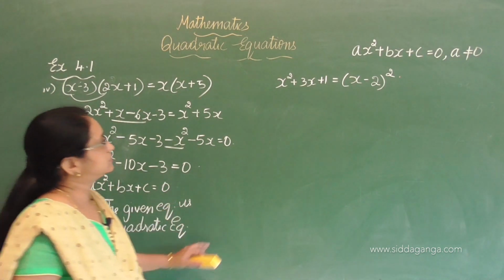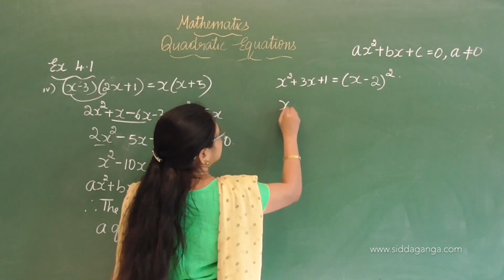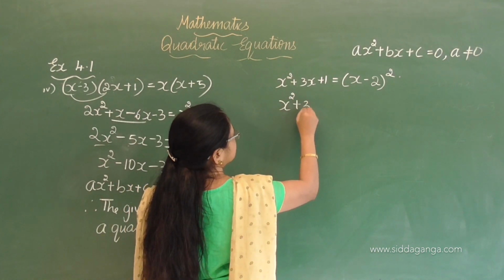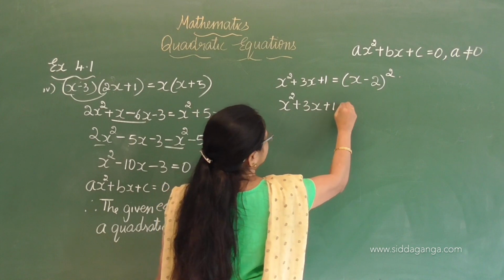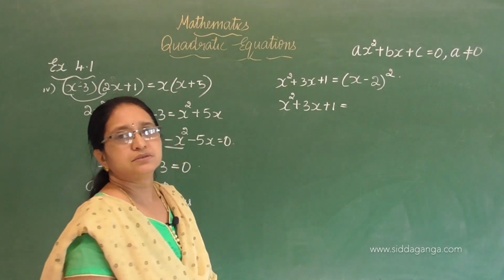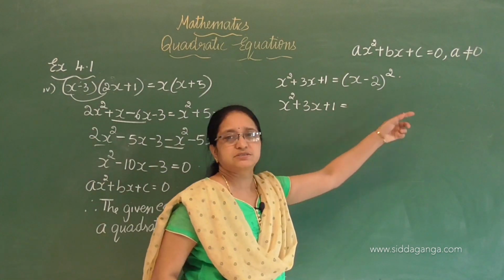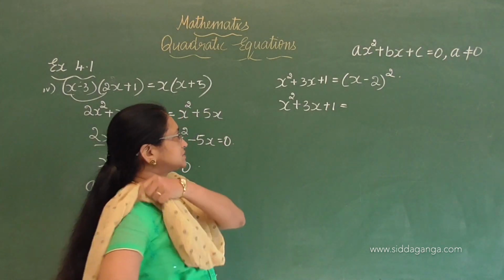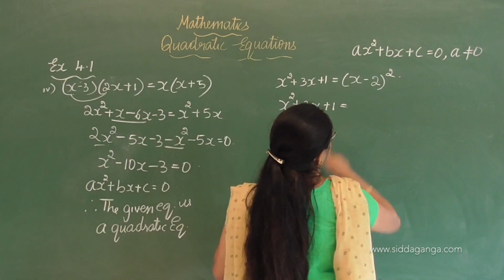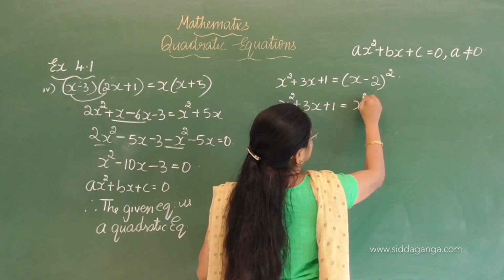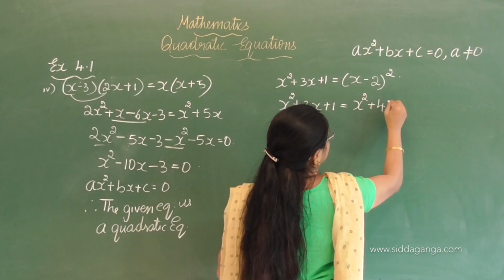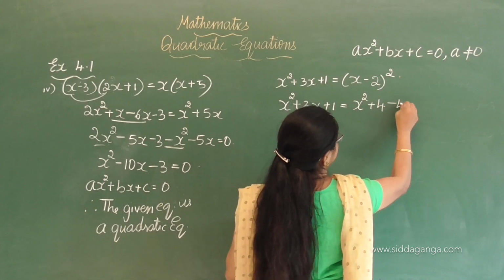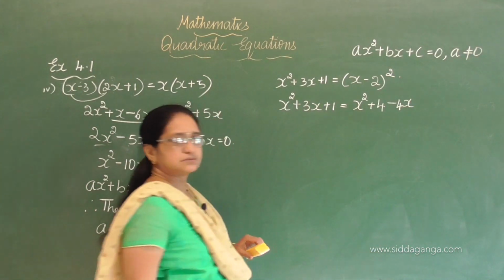okay, understood. So one more: x square plus 3x plus 1 is equal to, now again it is in the form of a minus b whole square. So a minus b whole square, you know how to expand: a square plus b square minus 2ab, that is minus 4x, okay.